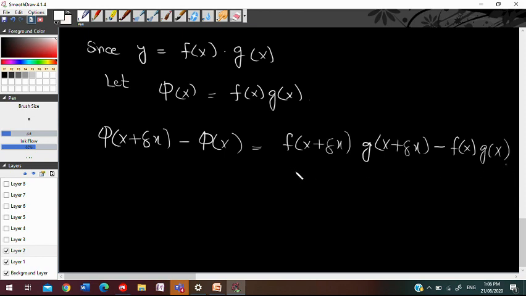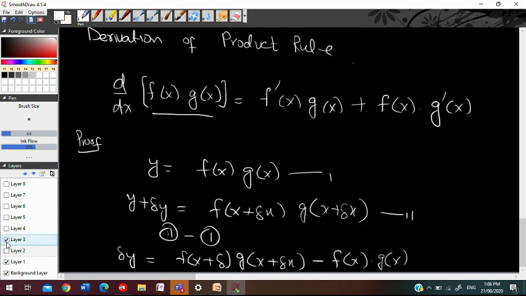What have I done? You can see here I have taken y is equal to f of x into g of x, and when I take the increment, y plus del y is equal to f of x, this is the same case.